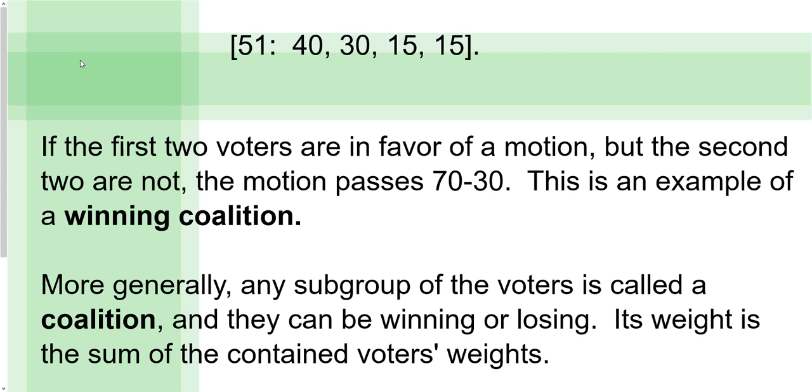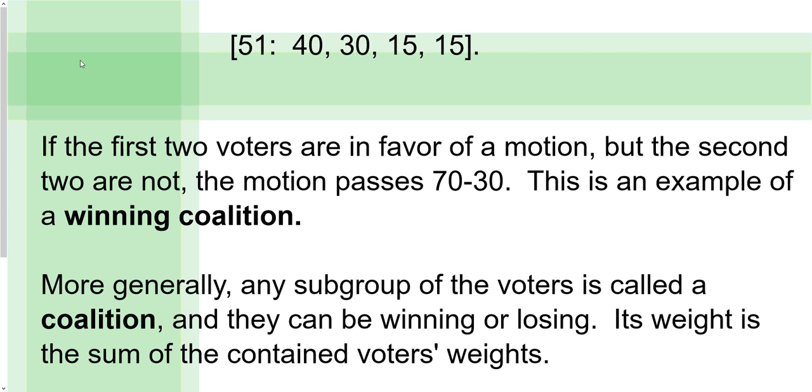One of the things that you might realize is the more votes that a person has, the more likely they are to be part of a group that's a winning group, and therefore they have more power. So that's what we're going to do. We're going to look at how often each one is not just in a group that can pass a motion, but is a necessary part of that group.